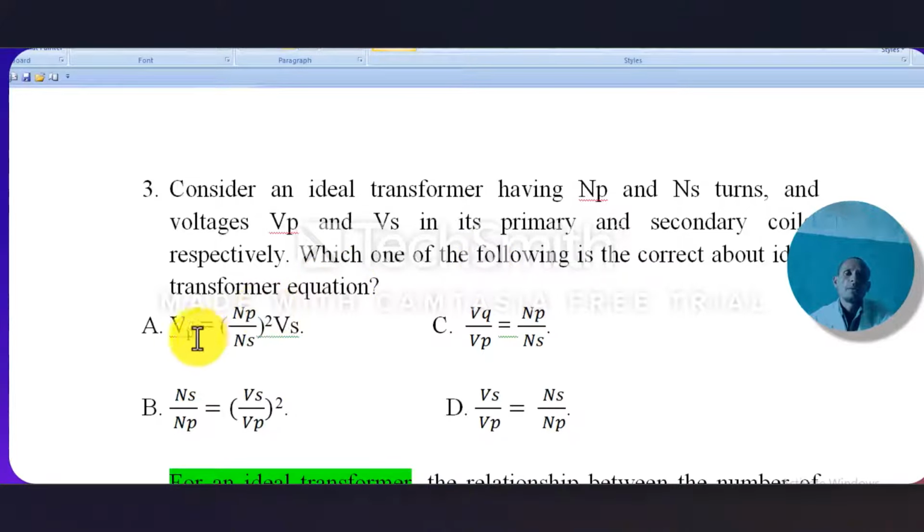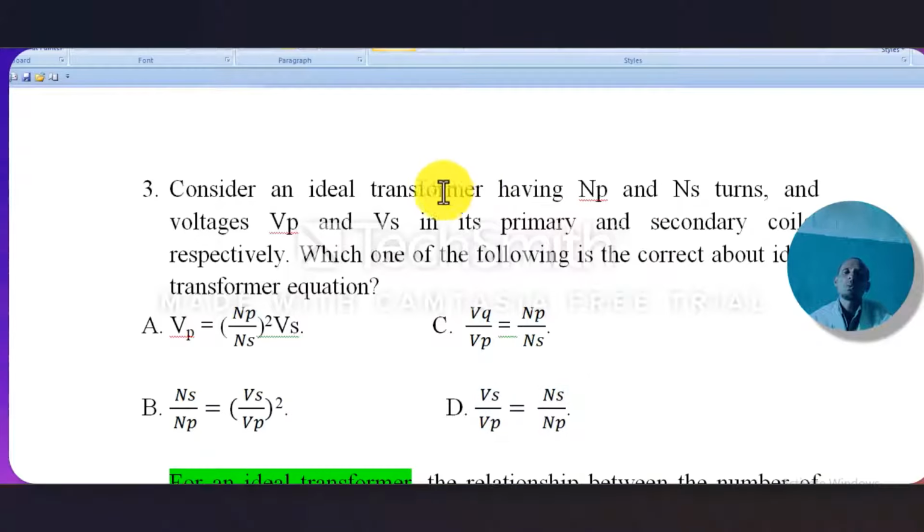Choice A, VP equals NP over NS squared times VS. Choice B, NS over NP equals VS over VP squared. Choice C, VS over VP equals NP over NS. Choice D, VS over VP equals NS over NP.